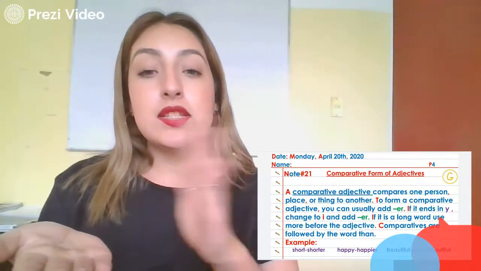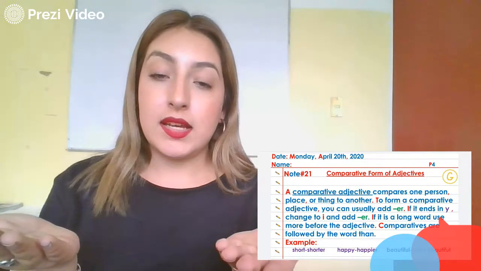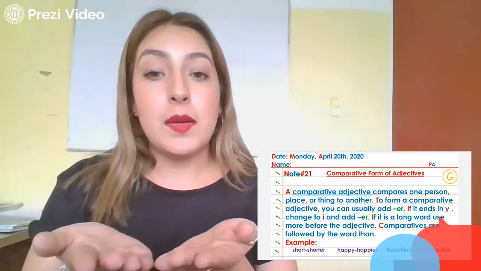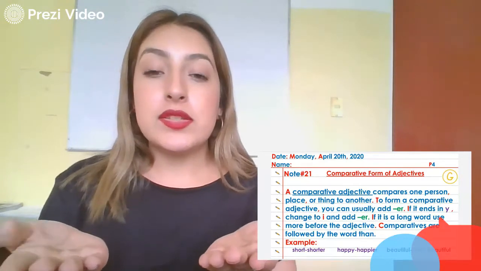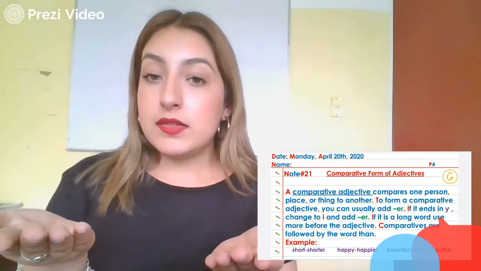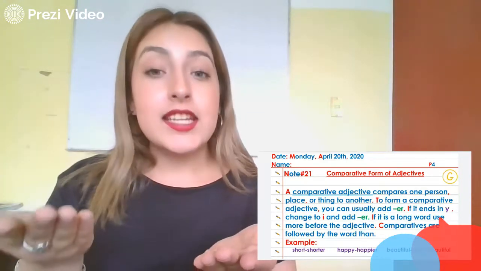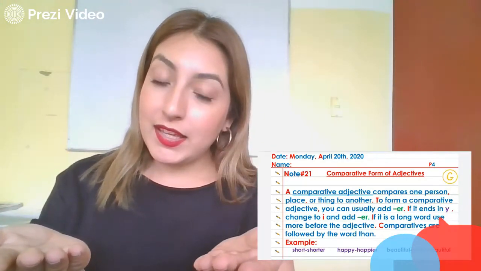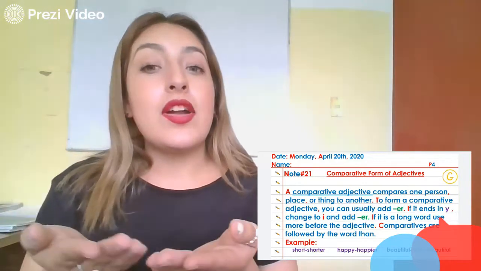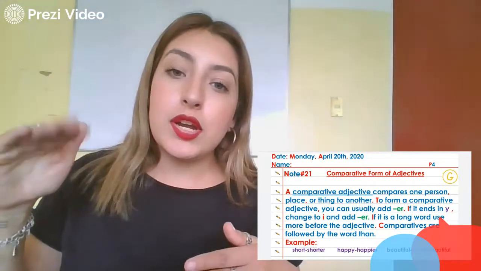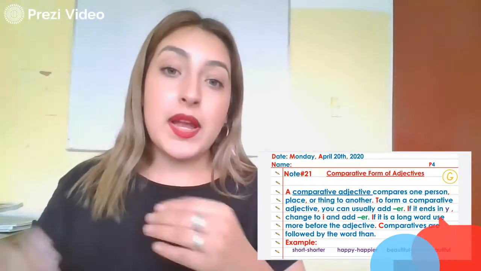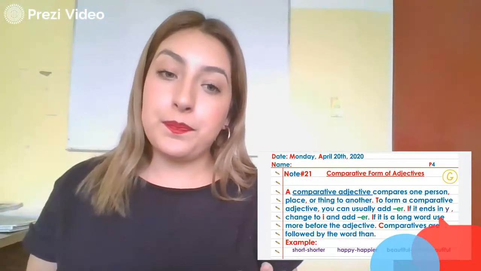We are going to be comparing them. So we are going to say, Sophia is shorter than Jessica. We are comparing their heights. Which one is shorter? Which one is taller? We are comparing their heights, two people.